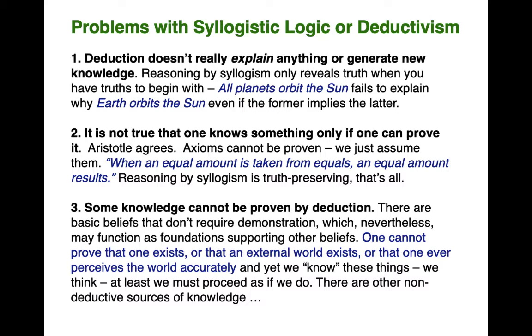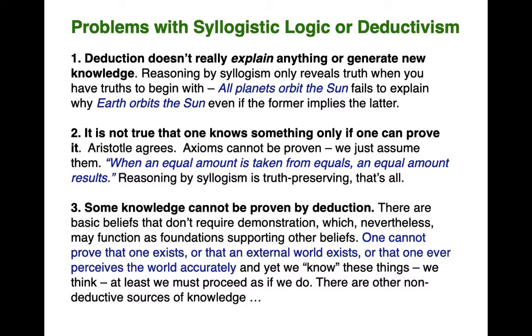Number three, some knowledge can't be proven by deduction. There are basic beliefs that don't require demonstration, which nevertheless may function as foundations supporting other beliefs. You can't prove that you exist or that an external world exists. We presume these things.